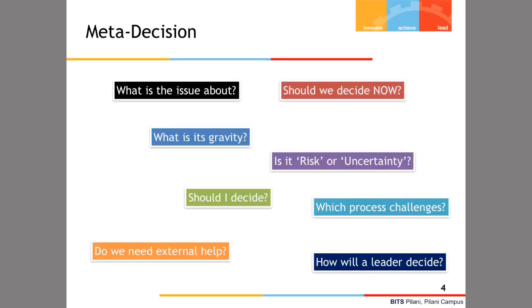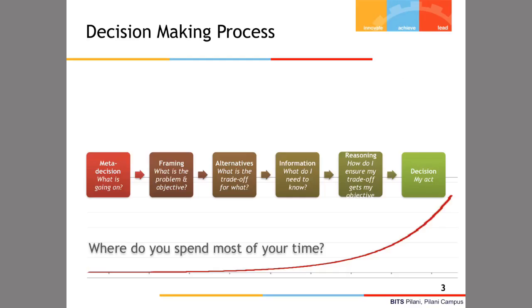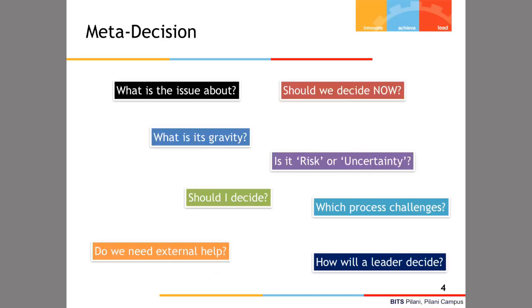In the set of processes that we have seen, which is the process that is the most challenging? If that is the case, should we seek some external help for handling that process? And with all these things, if a true leader has to make a decision in this situation, how will he go about making a decision? That's sort of a benchmark.